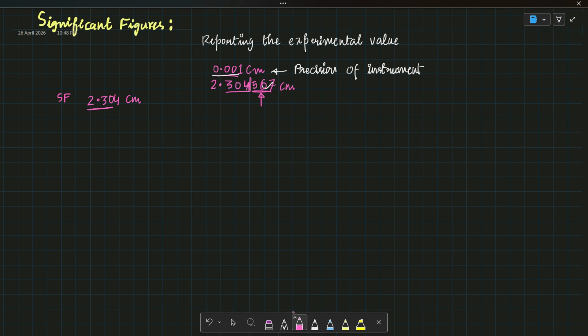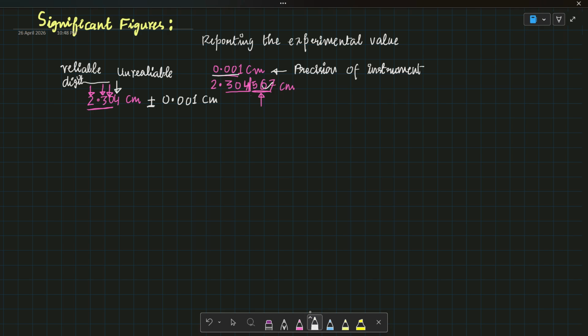This is known reliably, this is known reliably, and this is known reliably, and this last number cannot be reliable, because whenever we measure a value we write it as plus minus the least count of the instrument, 0.001 centimeter. So this is the unreliable digit, and these are reliable digits.